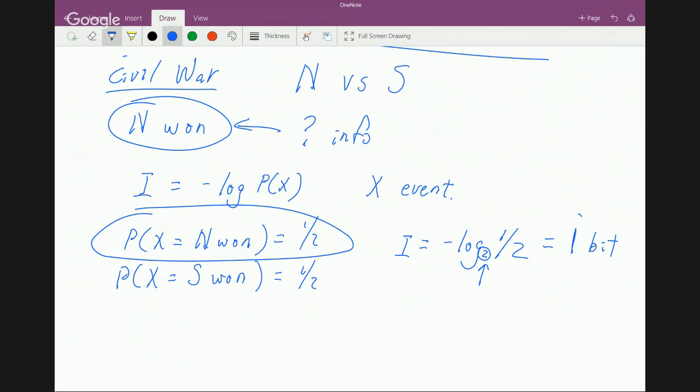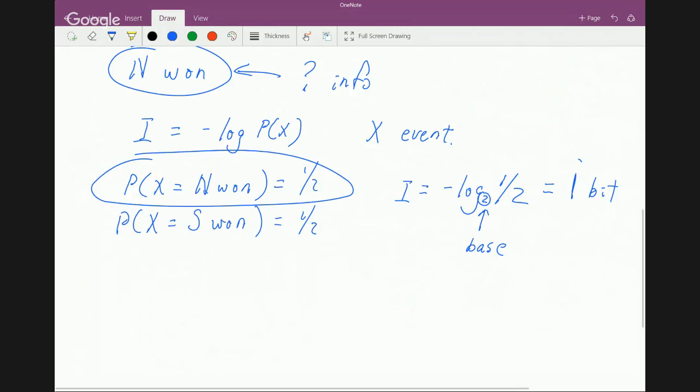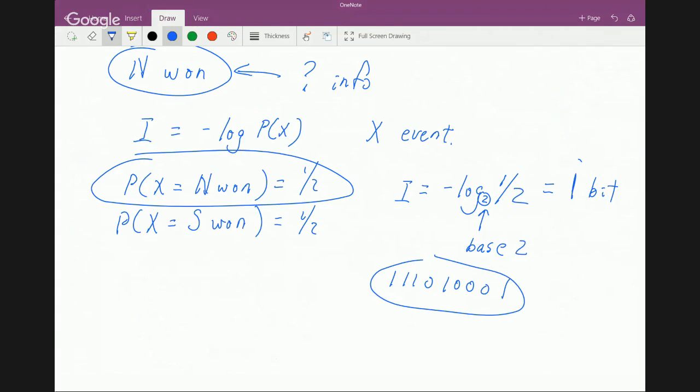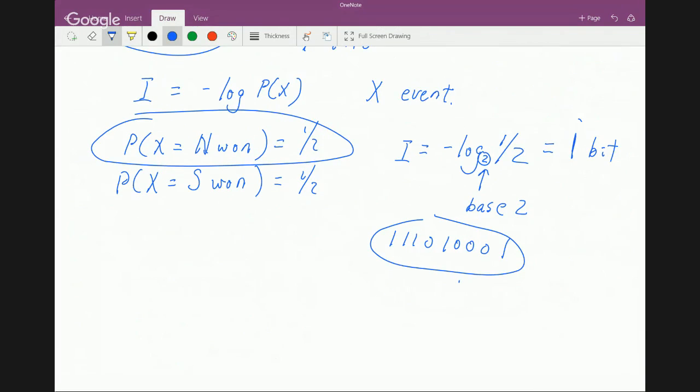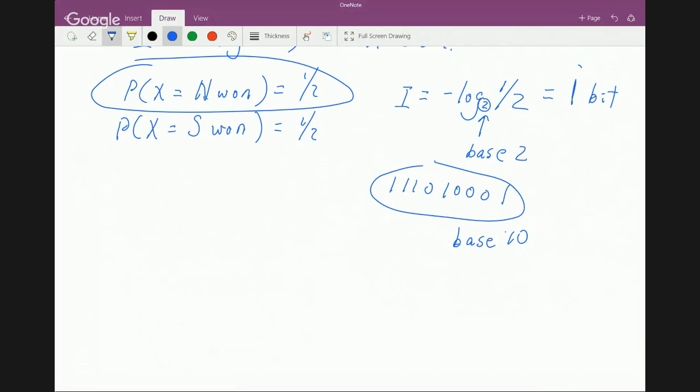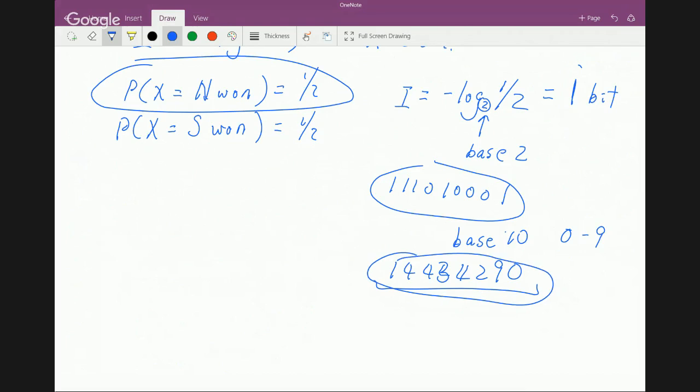This is called the base, and it tells you how you're going to represent the information. You can represent information in terms of ones and zeros, which is base 2, what we just used. Or very often we like to use base 10, which means the numbers are between 0 and 9.